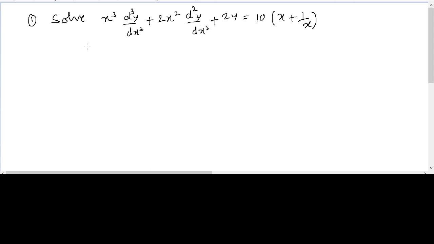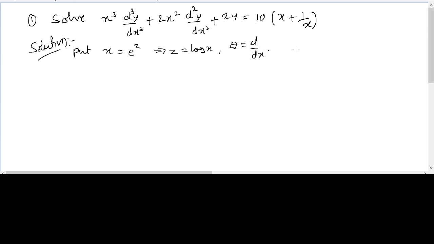So what we need to do here, we need to put x is equal to e power z. Okay. So by putting x equal to e power z, we get z is equal to log x. And let D is equal to d by dx.